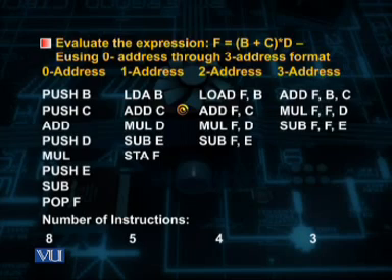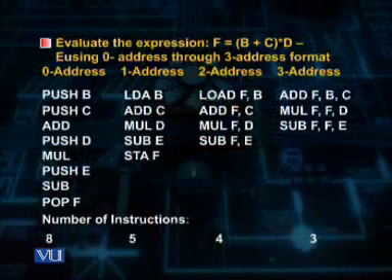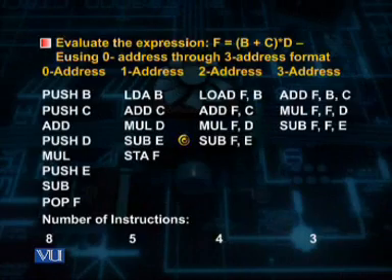Now the result is available at F, and therefore the next instruction MUL F comma D stands for multiplying the contents of F by D, and whatever the result is, it is made available at location F. The last instruction over here is SUB F comma E, meaning from whatever is available in F, subtract E and make the result available at F, which is the actual desired location.